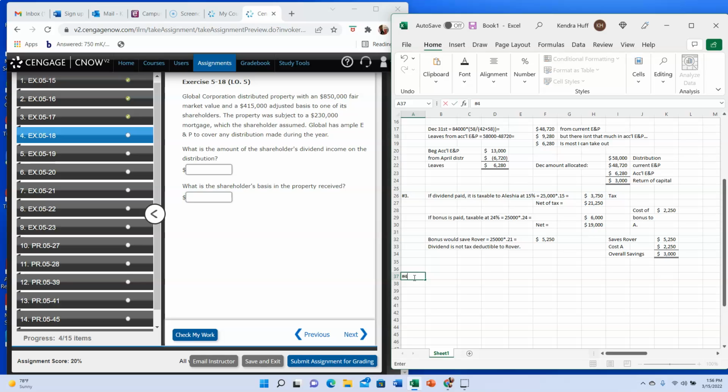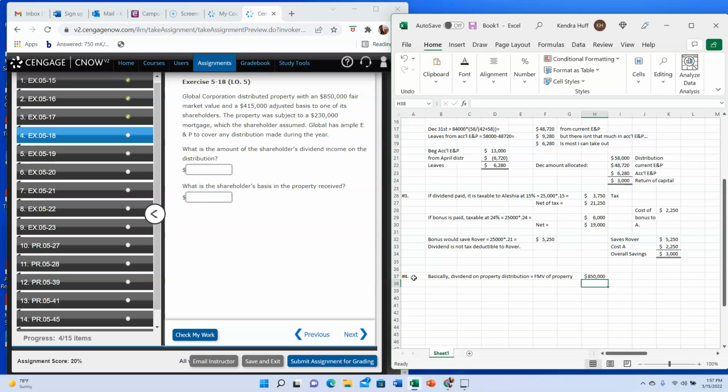All right, number 4. We got property with a fair market value. Basically, the dividend on a property distribution equals the fair market value of the property. So the fair market value of the property was $850,000 that he received, but it came with a $230,000 liability assumed. So you can knock that off.